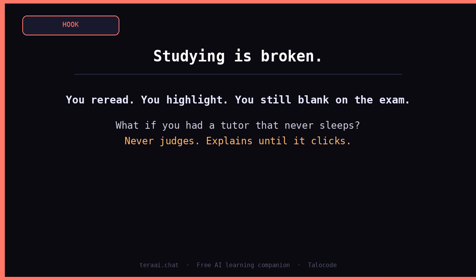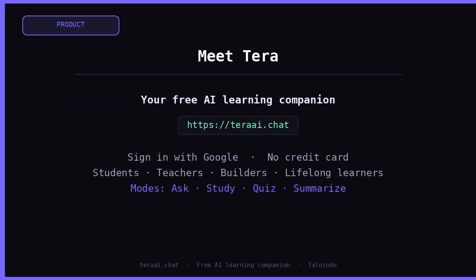Tera is built for students, teachers, builders, and anyone who's learning something new. Whether you're studying for a biology exam, learning to code, or trying to understand quantum physics, Tera adapts to your level and helps you learn faster.